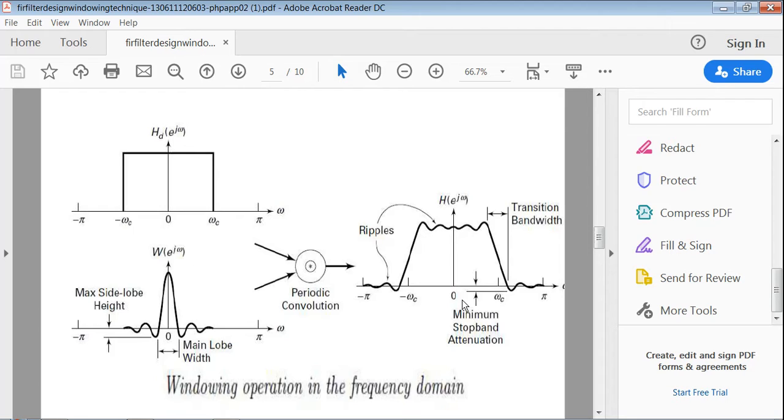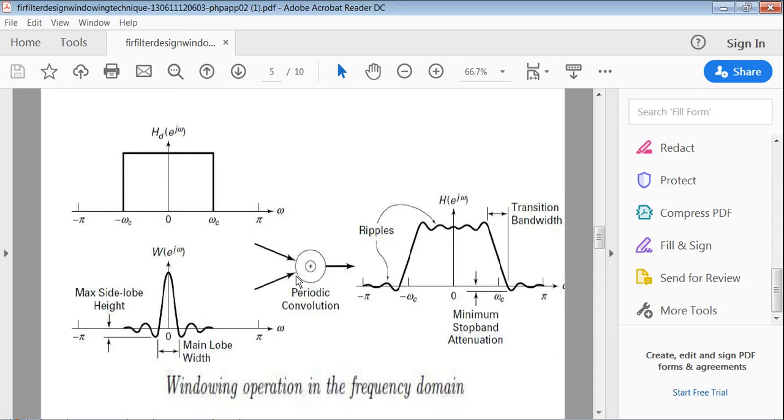Already we derived w of n, and the sinc function has the central lobe, that is the main lobe, and the side lobes. We require the main lobe, the central lobe. This is nothing but the convolution, and so we will get this type of response. If the central lobe is very narrow, then the transition bandwidth will be narrow. Otherwise, if the width of the central lobe is more, the width of the transition band is also high.